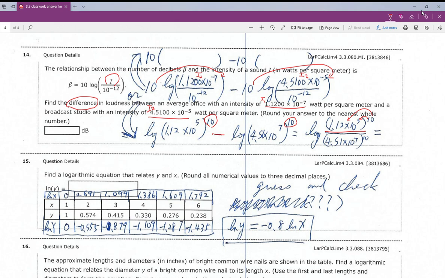So let me do a little bit for you, okay? 1.12 to the 10 degree times 10 to the 5 times 10. When you have degree to the degree, it means multiplication. And I will let you try the denominator.